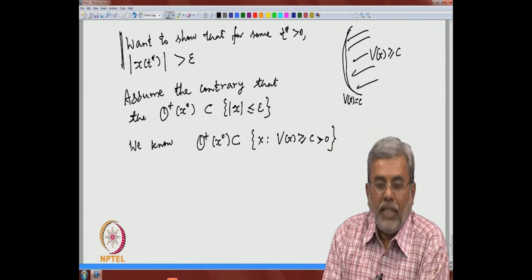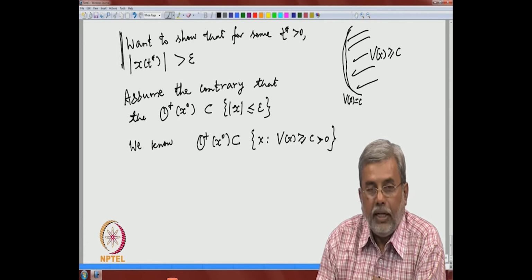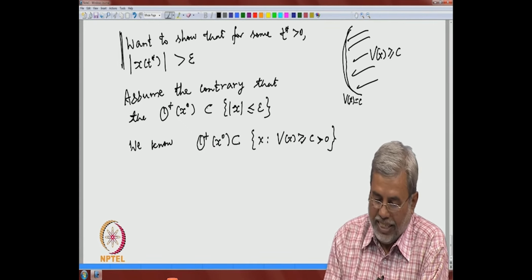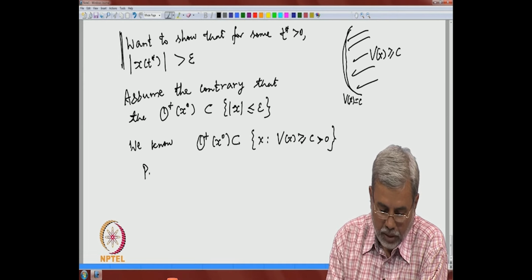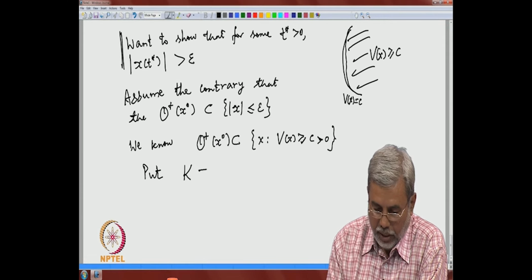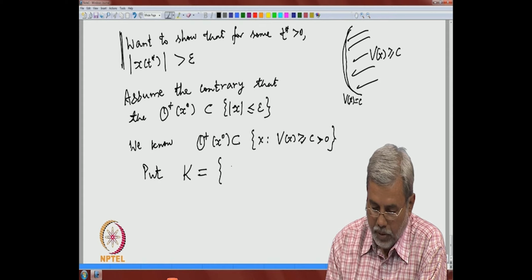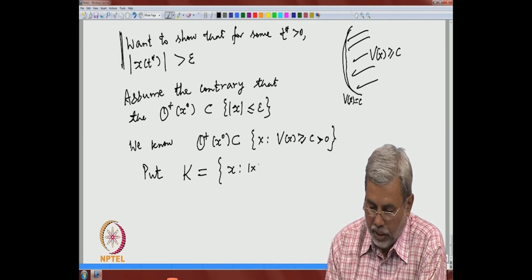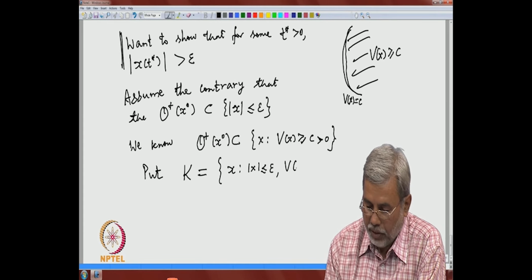And now we are assuming that the orbit is also contained in this ball. So, it is in the intersection. Okay. So, let me put some name for that. Put K equal to this set of all x such that mod x is less than or equal to epsilon, and at the same time I want this V of x greater than or equal to c.